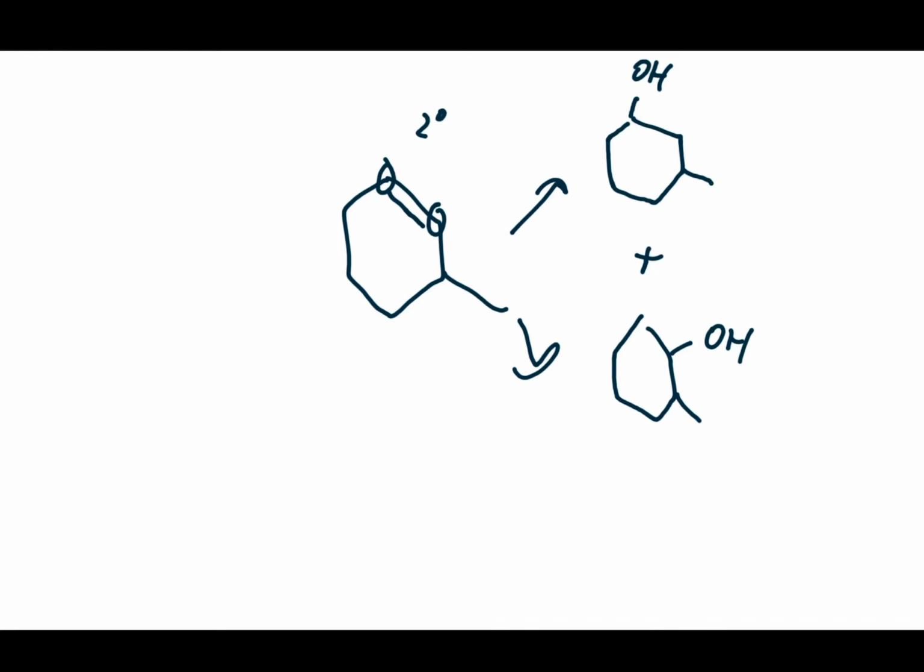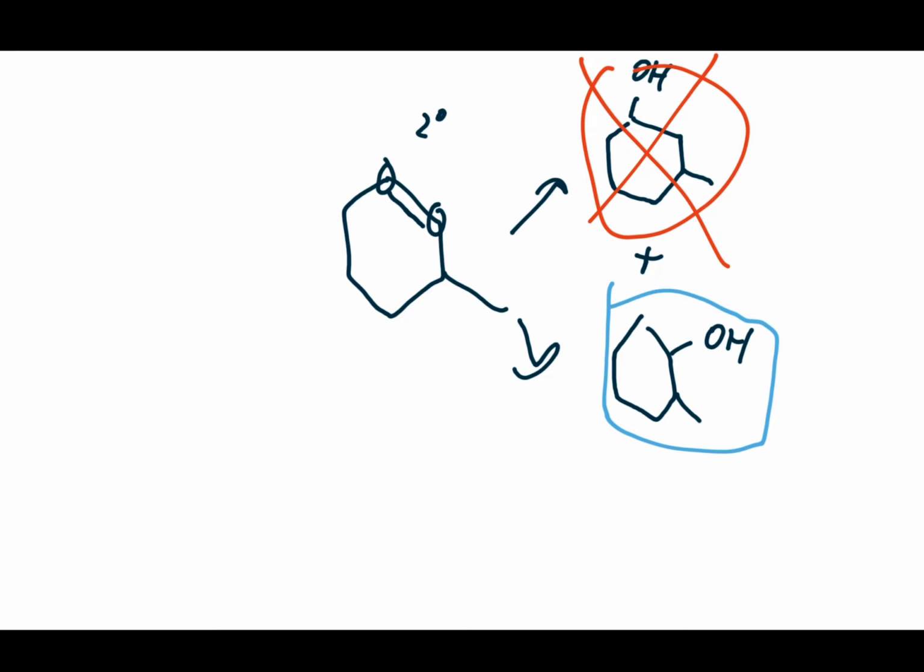This one is something that happens when we do this, but it's not what was asked in the question. This is the end material we're looking for. So on an exam, this will technically give you the right answer, but the other solution gives you the right answer 100% of the time. So if you're asked a question like this, go with the other one.